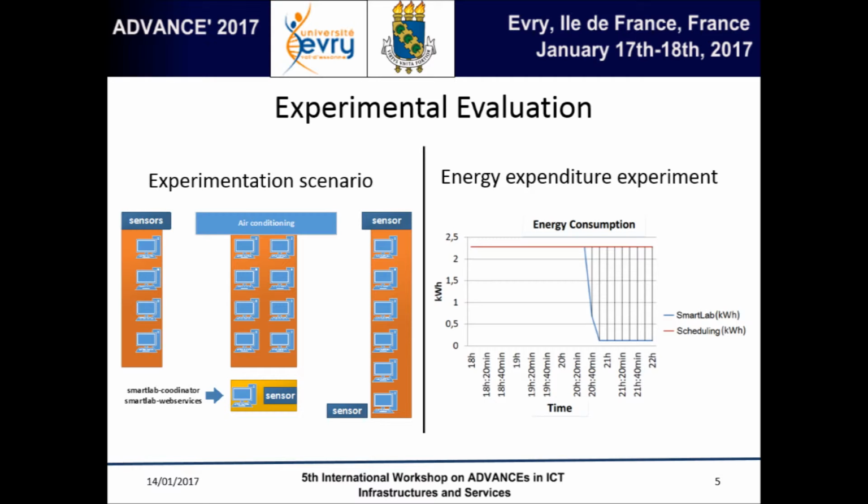We used an iPhone 5C and an iPad Air for visualization of data obtained by the Smart Lab web service deployed on the coordinator. An overview of the experimental scenario can be seen in this slide on the left side.